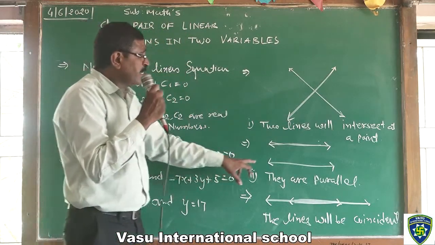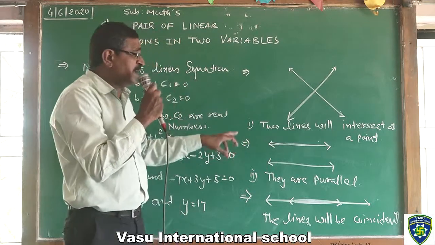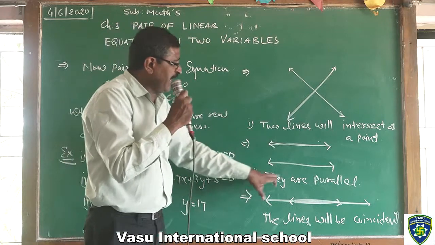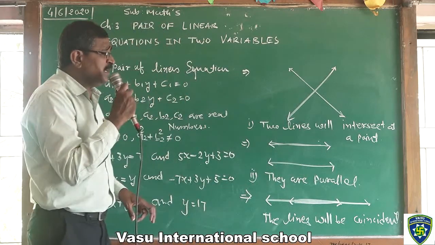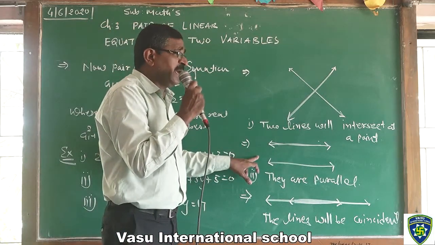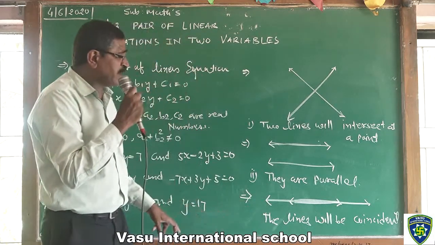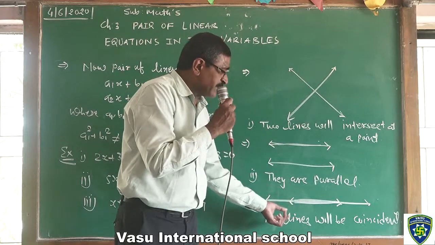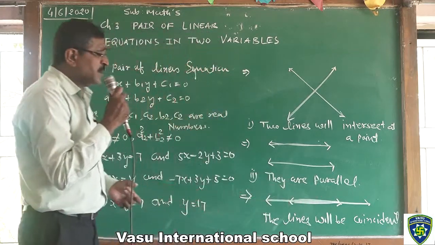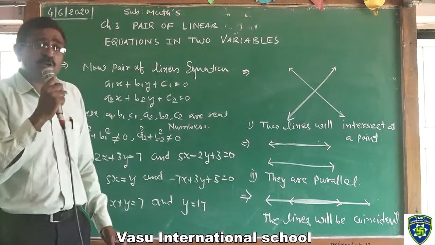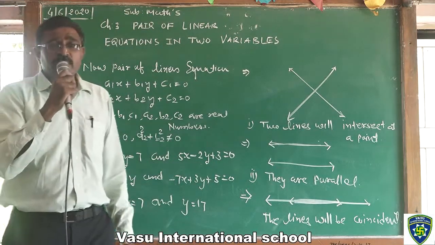If, when we draw the graph, the lines are parallel, they have no solution. If the graph of the pair of linear equations is coincident, then they have infinitely many solutions. Clear, student? Okay, thank you.